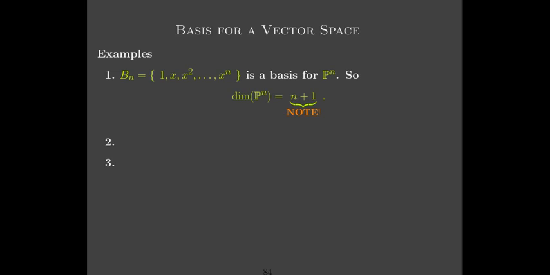Let's just look at P3 versus R3. R2 is not a subspace of R3. R2 is not even a subset of R3. They're different objects. The objects that are in R2 are ordered pairs. The objects in R3 are ordered triples. So they're not even the same object.